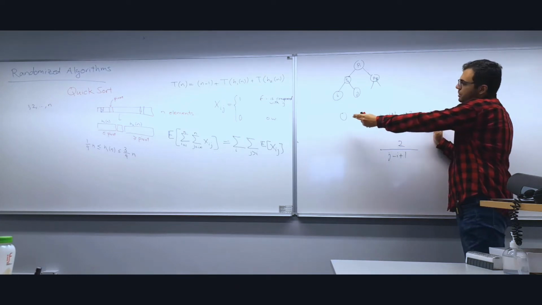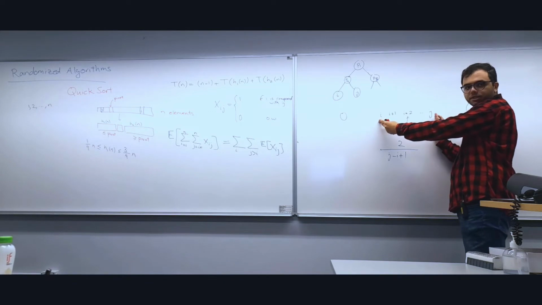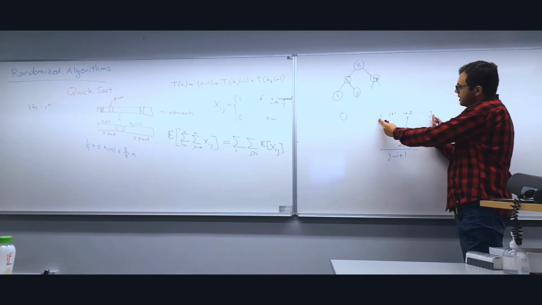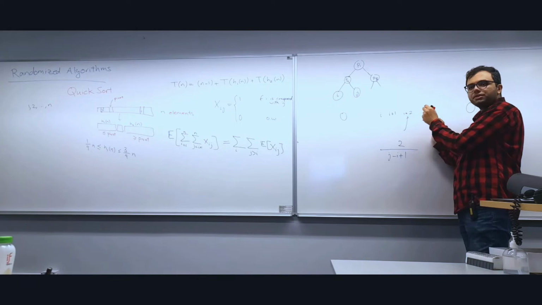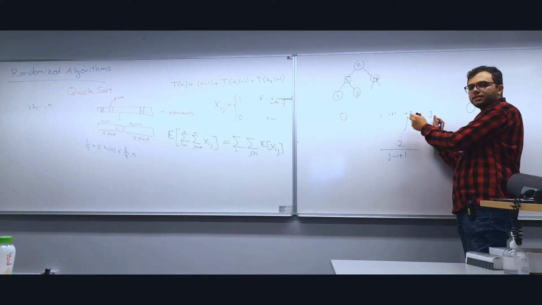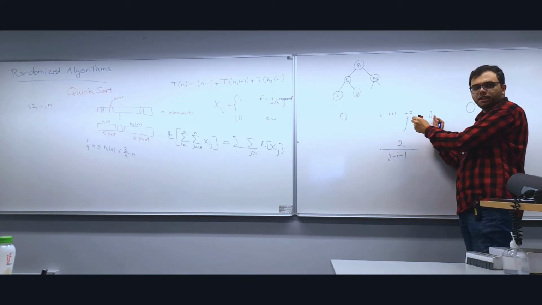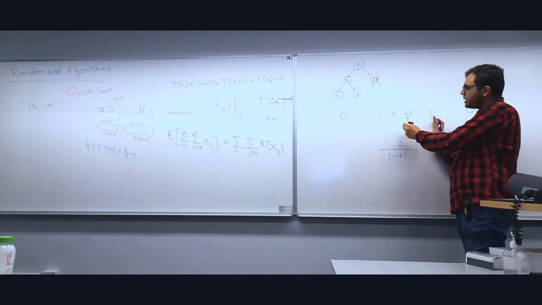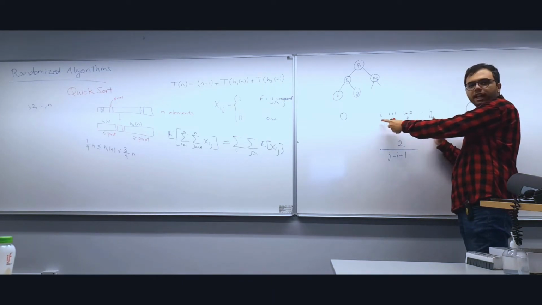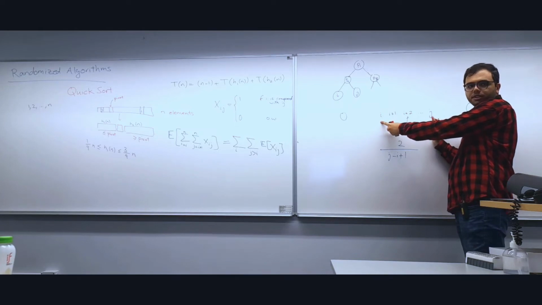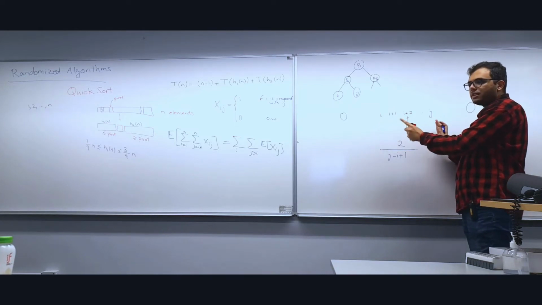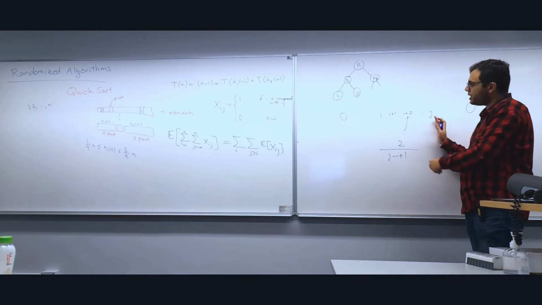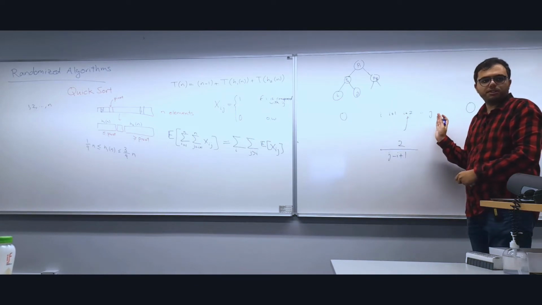I don't care about I-1 and J+1 and so on. The first time that I choose a pivot inside this segment, it is going to become broken. If the pivot chosen is something other than I and J, then I and J will never be compared with each other. But if the pivot chosen is either I or J, then of course they're going to be compared, because everything is compared with the pivot.